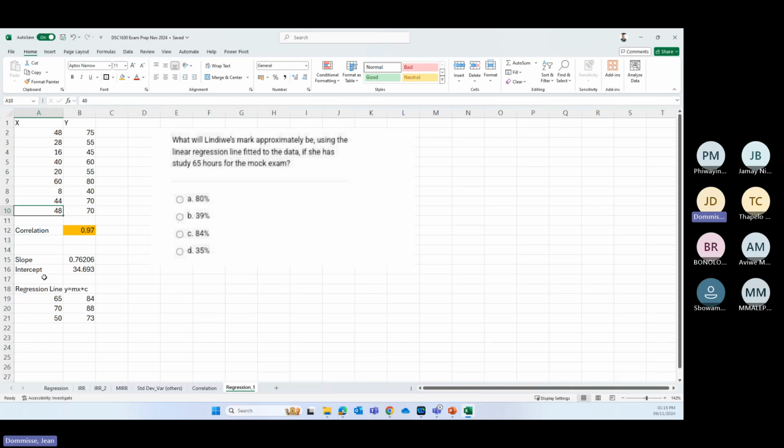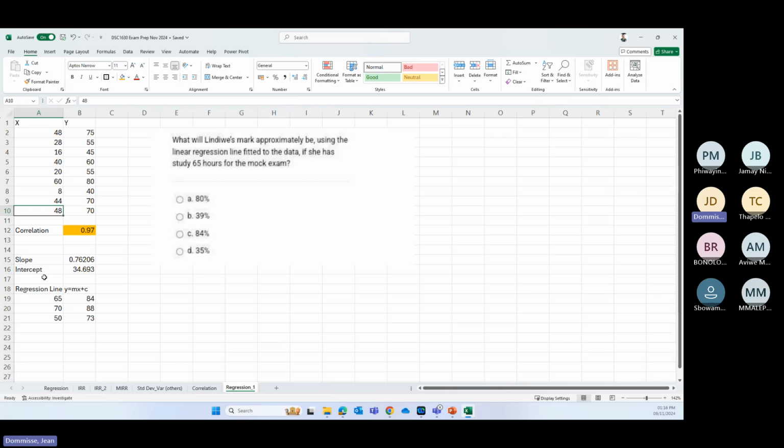And then again, depending on if you have an HP 12C or a 12C Plus, there are the functions on your calculator. There is a B, there is an M. So that gives you the things that you're looking for.